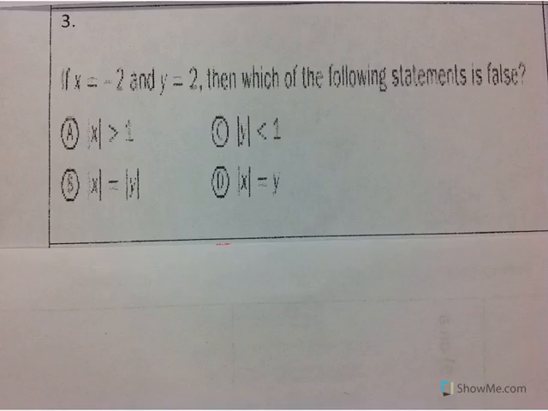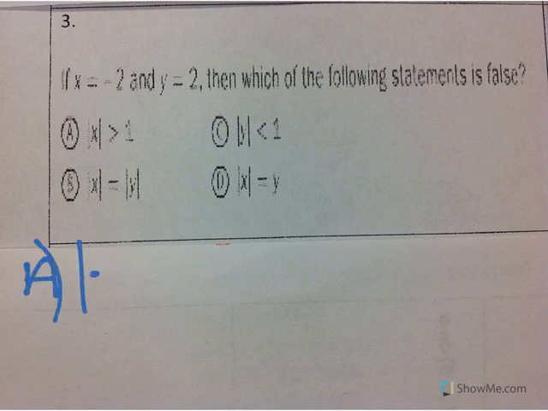Okay, here, this problem is about absolute value, and it's asking which one of these statements is false. A says the absolute value of x, and x is -2, is greater than 1.